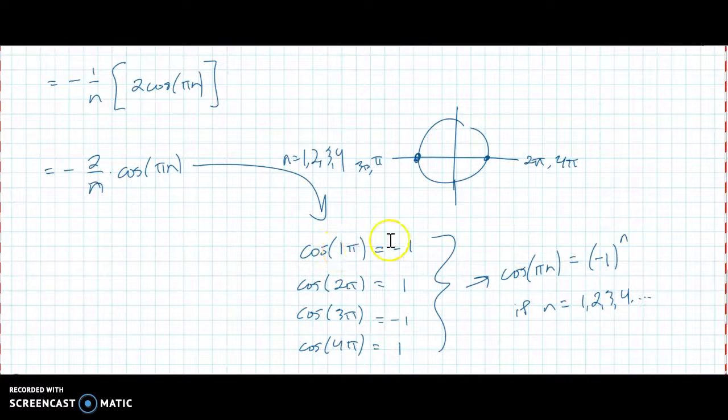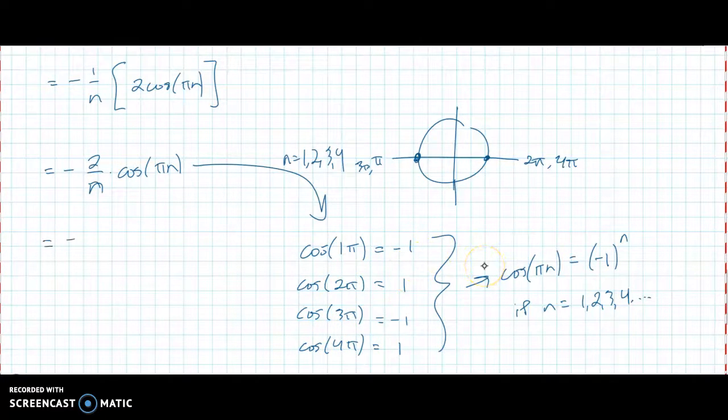Because look, this would go to that first power, and yeah, this is correct. Because I got cosine of pi, it's a value of negative 1. If I plug in a 1 here, I would get negative 1 to the 1, and it would still be negative. And then these even ones, the negatives will all cancel out.